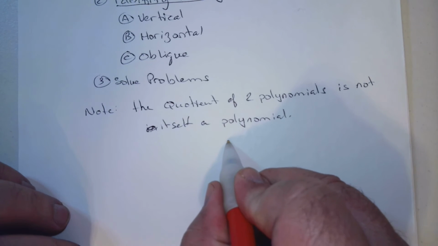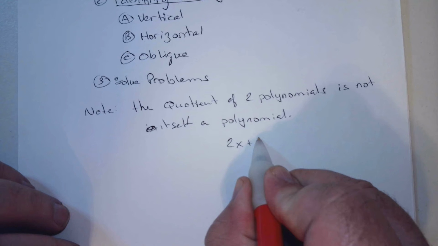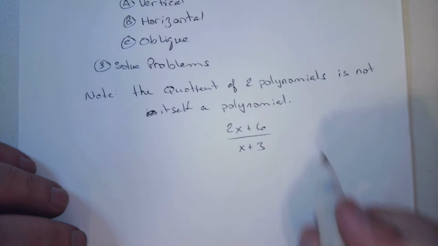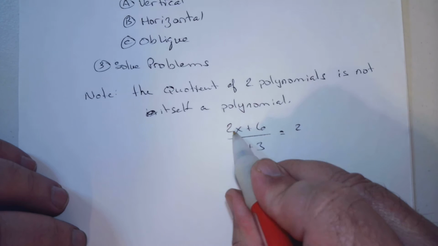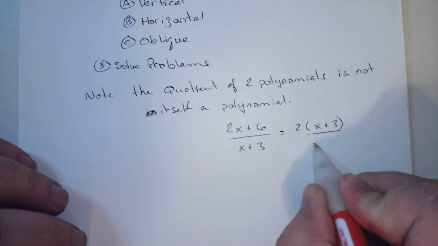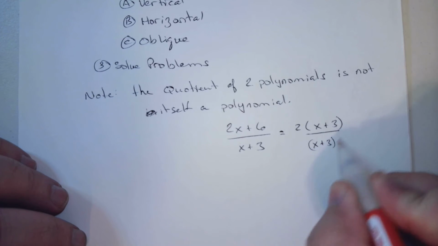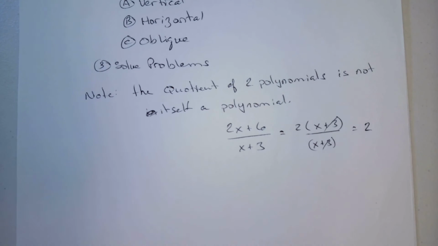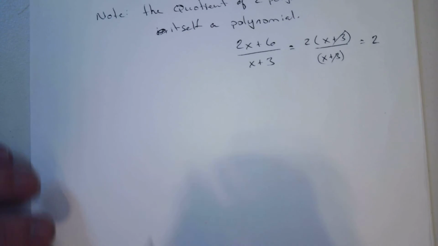For example, if we had 2x plus 6 over x plus 3, we know we can factor out a 2 in the top, leaving x plus 3, and the bottom is x plus 3, so they cancel. So it's not necessarily a polynomial. In this case, it's a monomial.